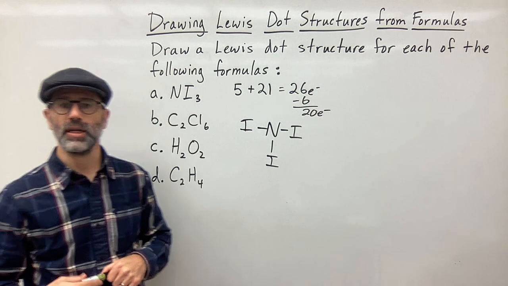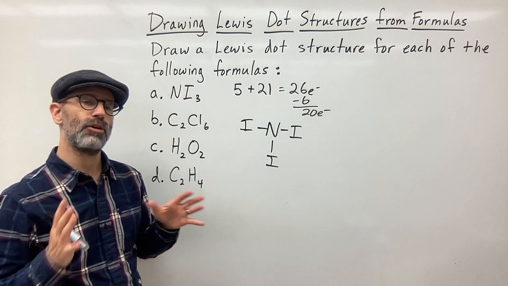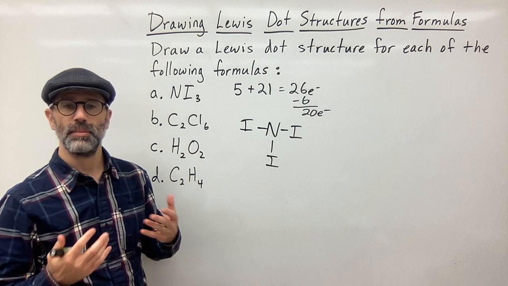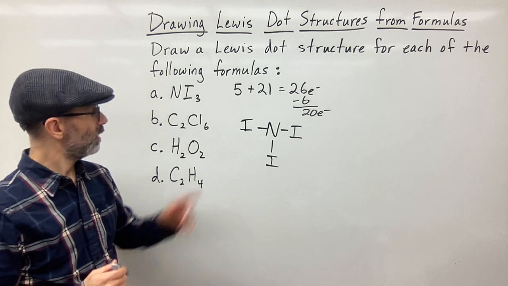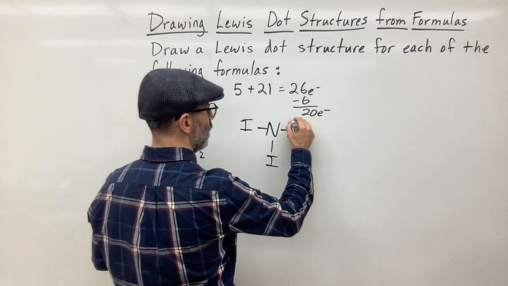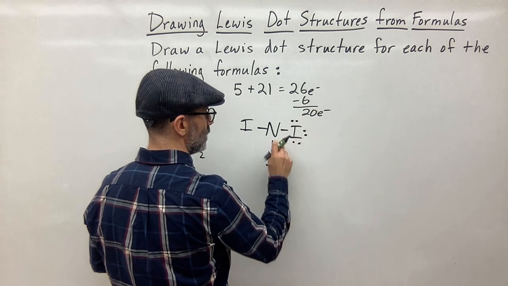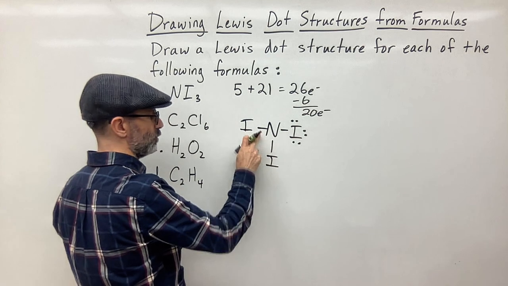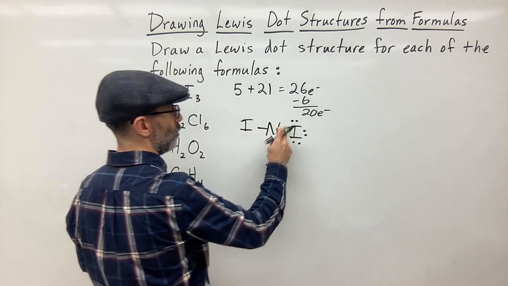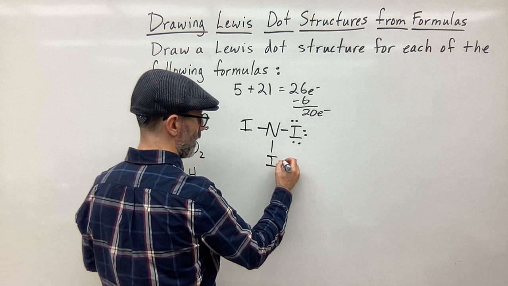Now to step 3. Step 3 says that I must add lone pairs to my outer atoms first to give them an octet. My outer atoms are iodine, so I'm going to give them 3 lone pairs to give them an octet, because each iodine already has 2 electrons from the bond, so they need 6 more electrons for the full octet of 8.